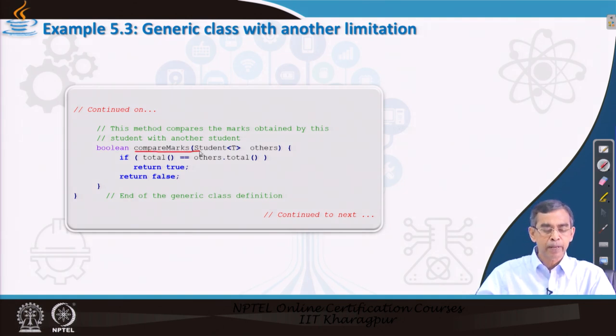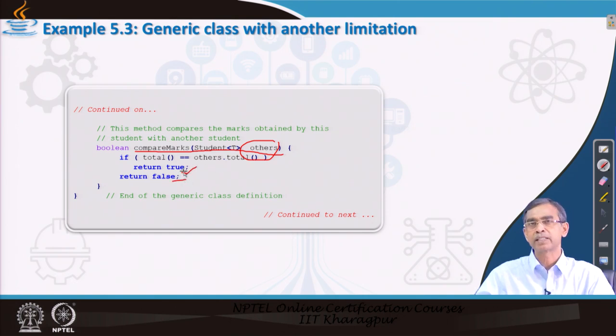So, it compares one collection with another, or we can say it compares the total returned by one collection with another collection. For a given collection, if we call this method to compare another collection passed as an argument, then we see whether the total of the current class is the same as the total of the compared class. If it is the same, it will return true, otherwise it will return false.